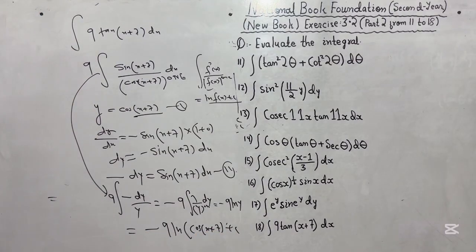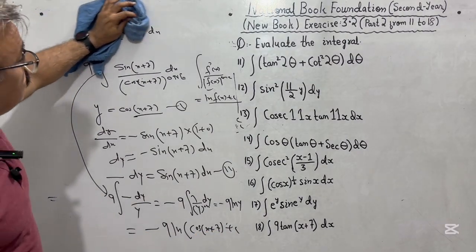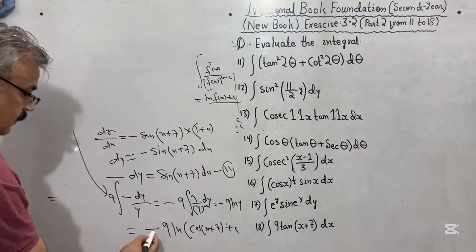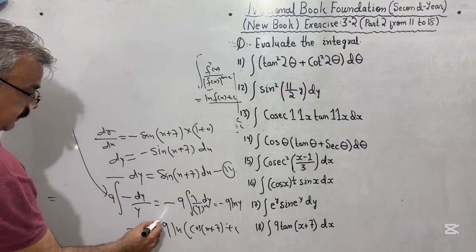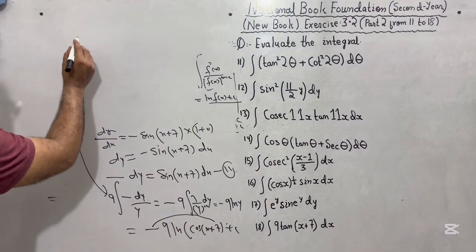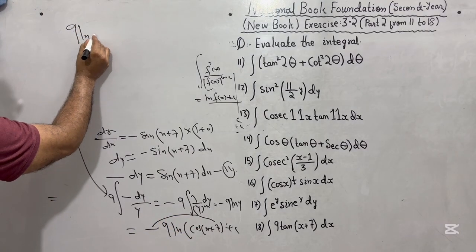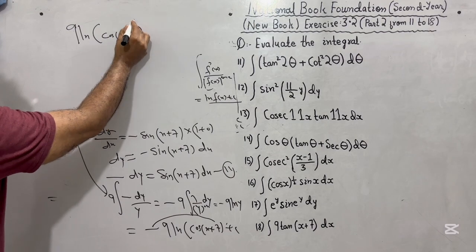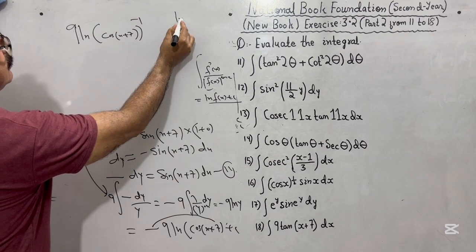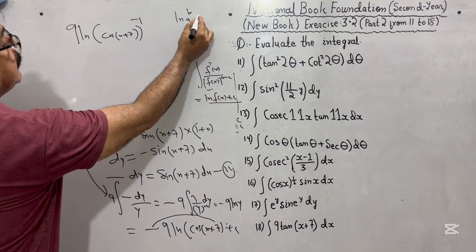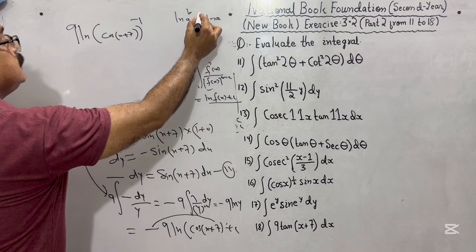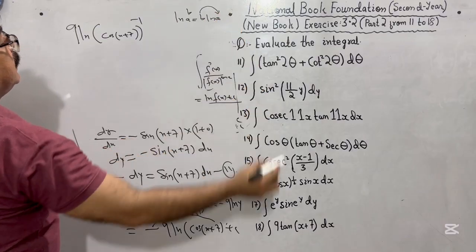By virtue of a tiny log property, we can manage this minus to the power of cos as 9 times ln cos x plus 7 raised minus 1. By virtue of this, ln a raised b can be written as b times ln a, and vice versa. So this power quotient can be turned to a power.